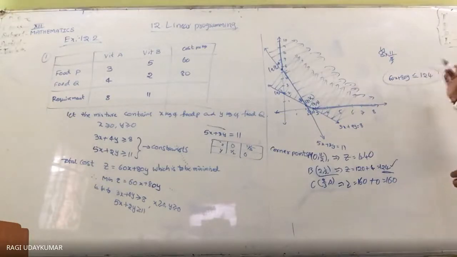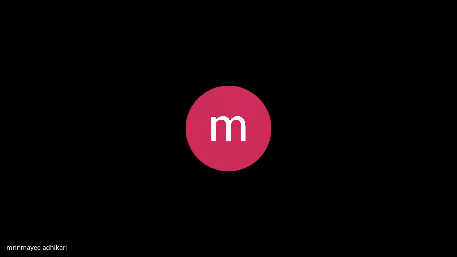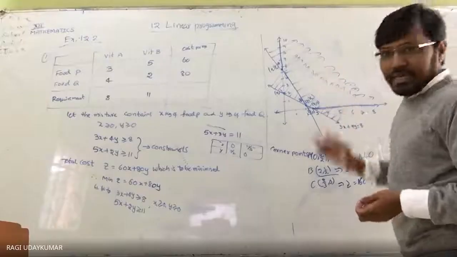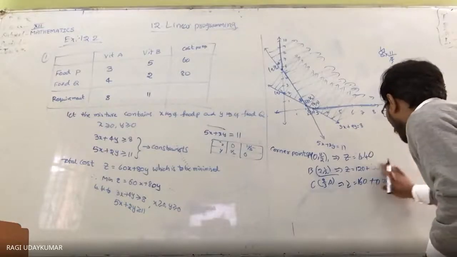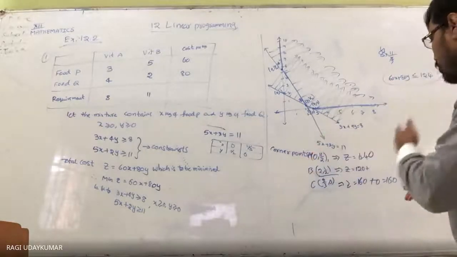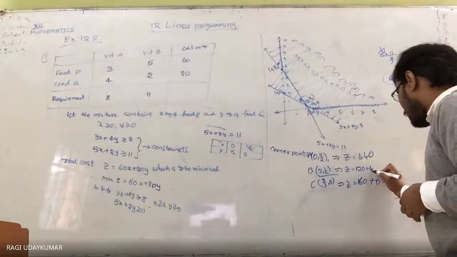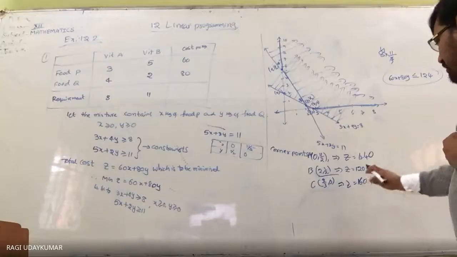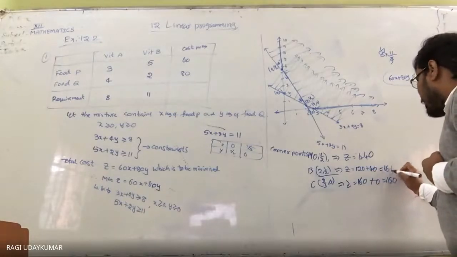Whenever you take 60x plus 80y equals 124, the line passes through the point B equal to 2 comma half. Here Z would be 60, sorry, I have taken 8. 80 into 40 comes. 120 plus 40, 160.